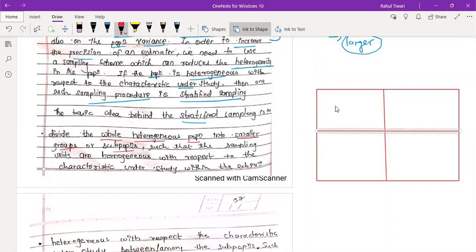Each of these populations has to be homogeneous within. Under this group, or subgroup, the population should be homogeneous.